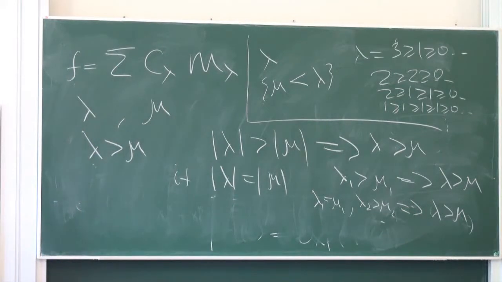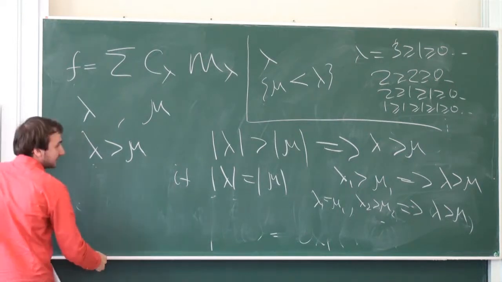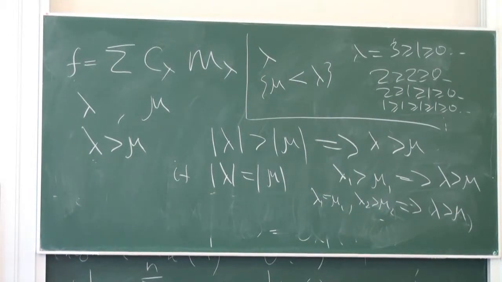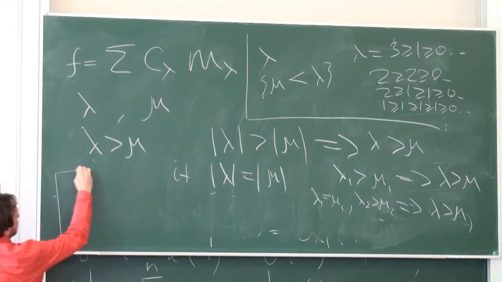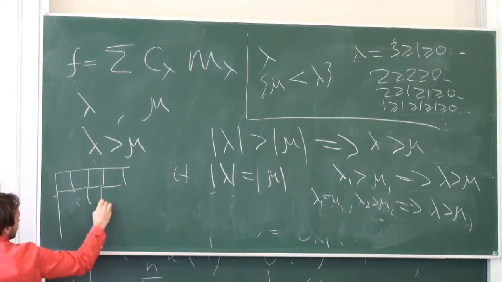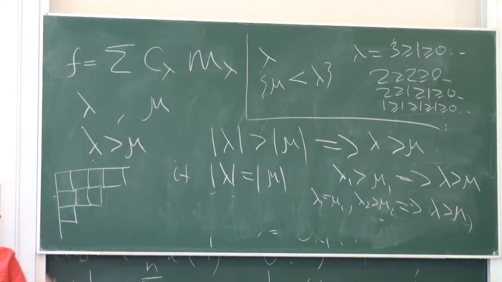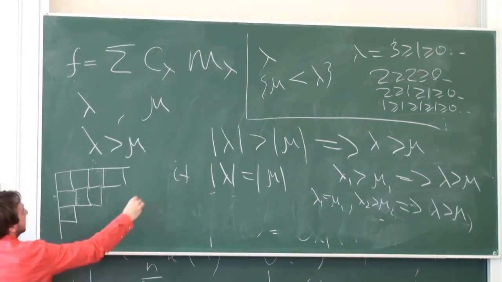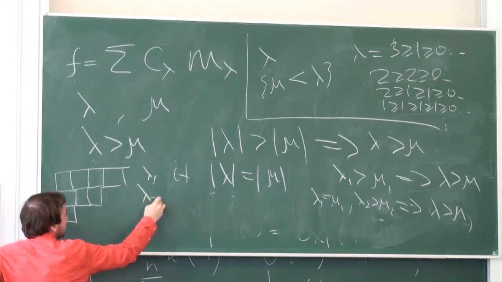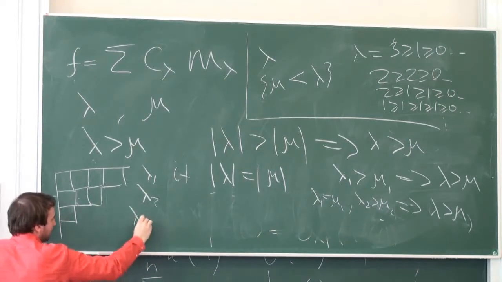Okay, so we have this ordering. Now, another important thing for us is a graphical representation of a partition. We will draw a partition as a so-called Young diagram. This is a collection of boxes. We put boxes in rows such that in the first row we put exactly lambda_1 boxes, in the second row we put lambda_2 boxes, in the third row we put lambda_3 boxes, and so on.